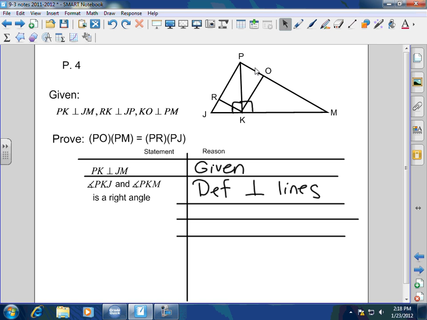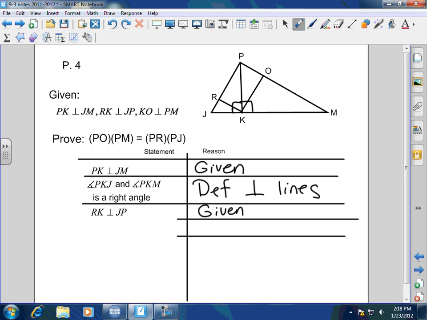Now you use the next given. RK is perpendicular to JP. So that's a given. Now, in the book, they skipped this next part. I don't know if I would have skipped it, but I can see why they did.